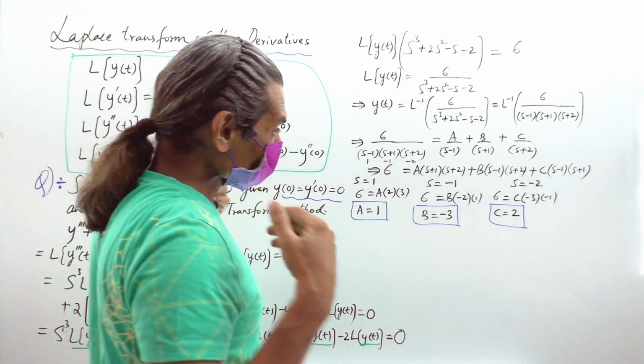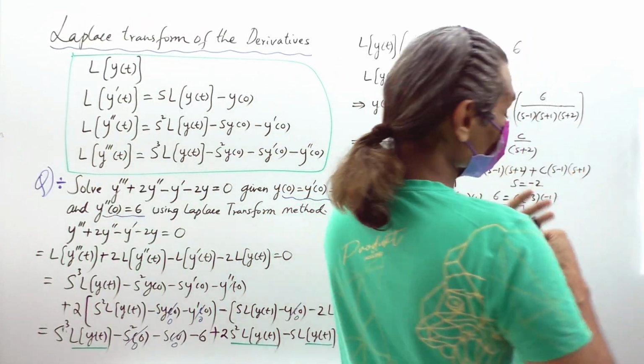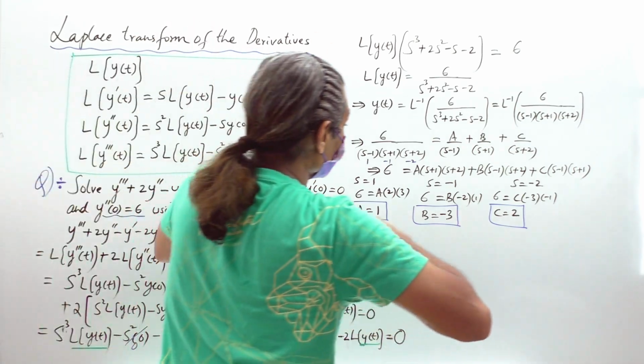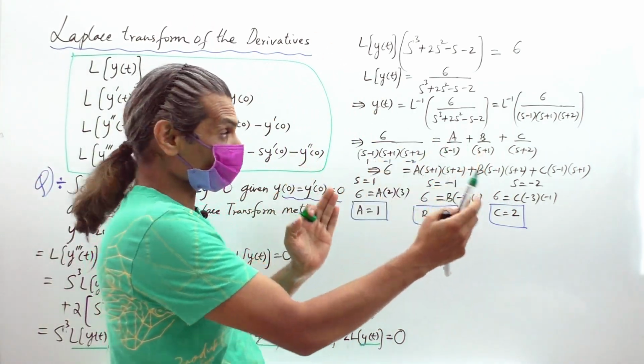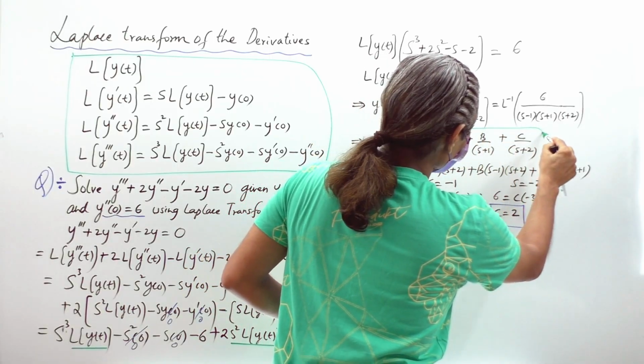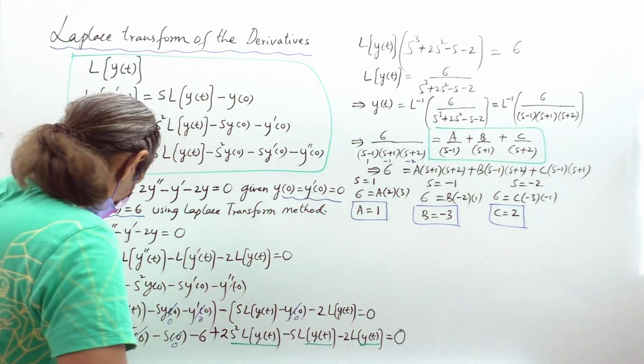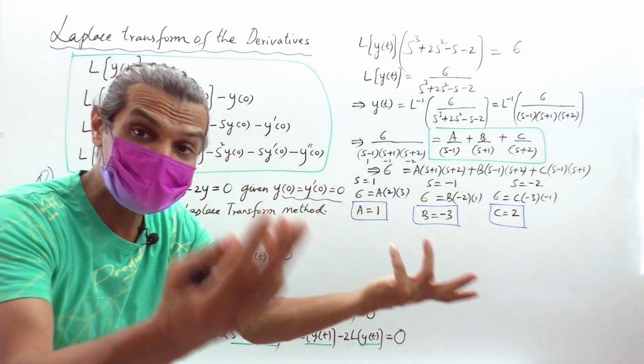Now after getting these values, what you need to do? This is the main part. When you do the partial fractions, we are finding A, B, C. In the main expression, we need to find the Laplace inverse, which is going to give us the exact answer.